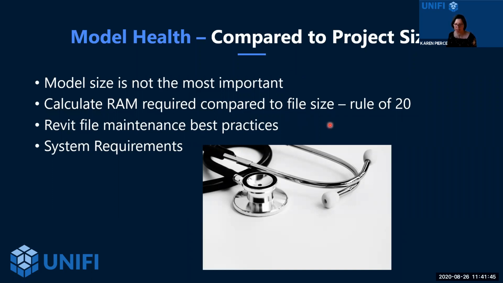The rule of 20 means that any central file will need to be approximately 20 times its file size in available RAM. So using this rule, a 100 megabyte Revit central file will consume approximately 2 gigabytes of RAM. So keep in mind those minimum requirements, because a number of other things are affected here. We not only have that model, we have linked models to be concerned with.